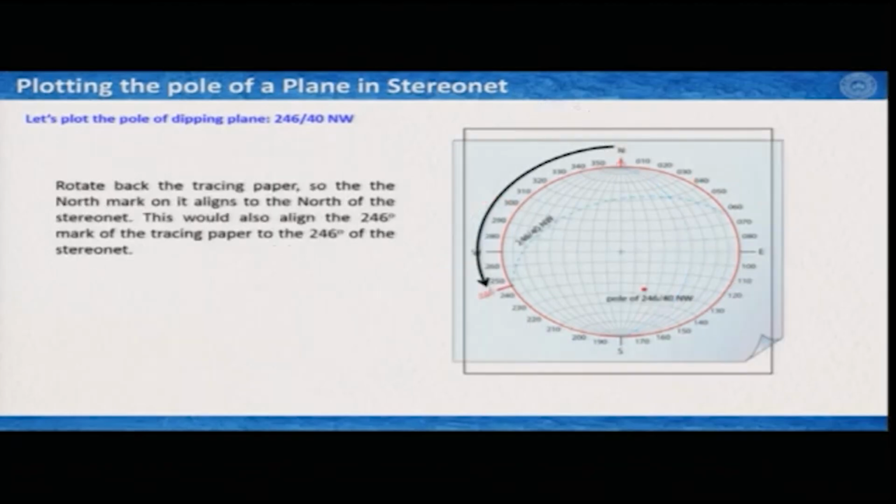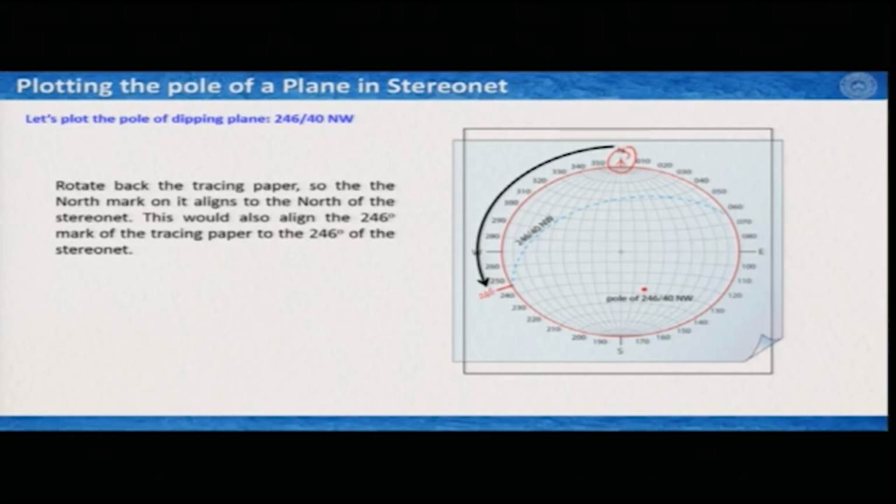Again you have to rotate it back, so that this 246 degree mark comes back to 246 degrees, and also the north that you marked on the tracing paper aligns to the north of the stereo net.